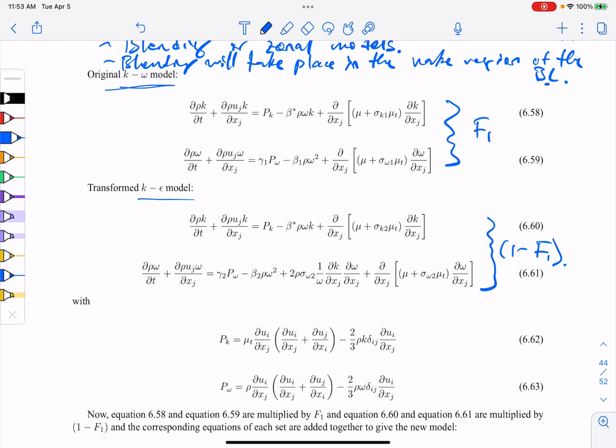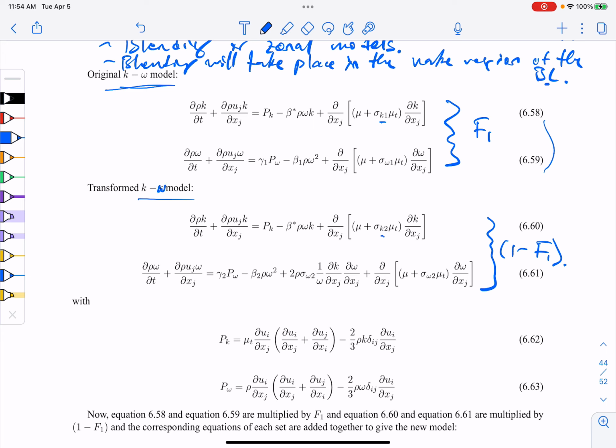But you'll see in this transformed model, if you just compare them, K looks exactly the same, except now there are different coefficients, and they're just 1 and 2 respectively. So the original has subscript 1, and subscript 2 represents the modified model.